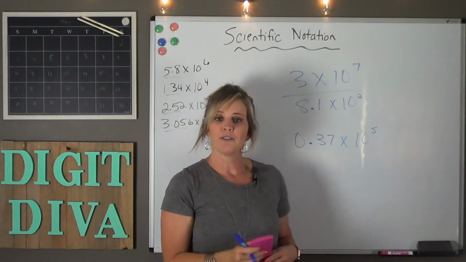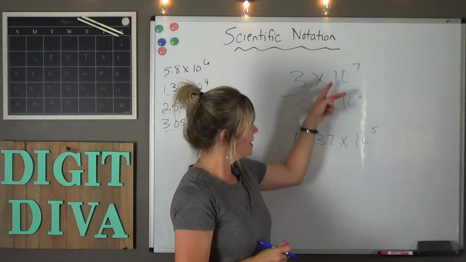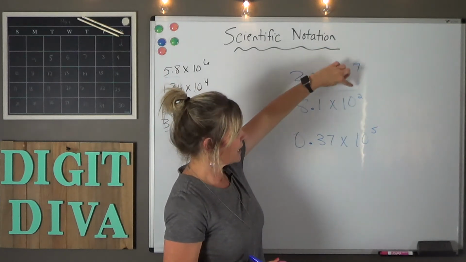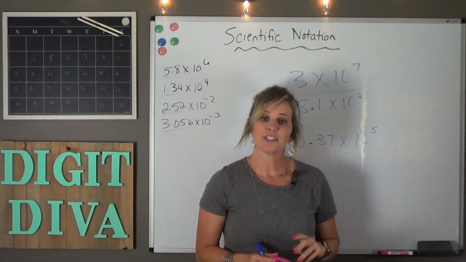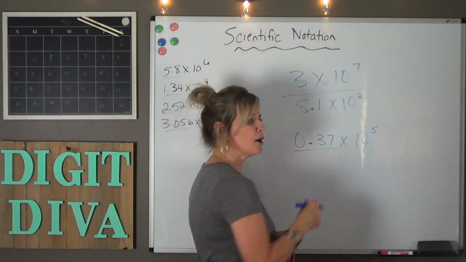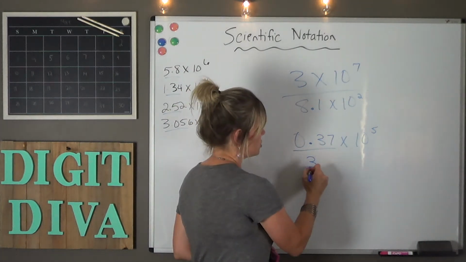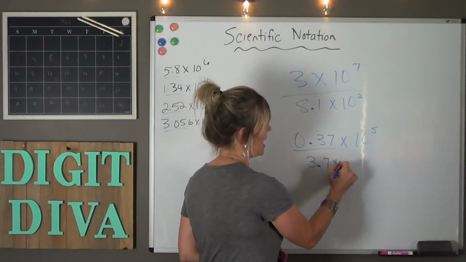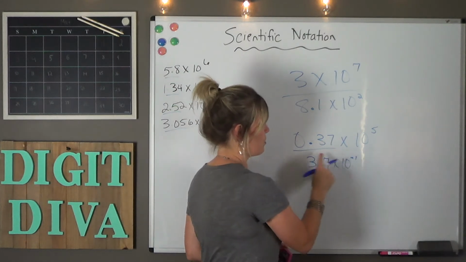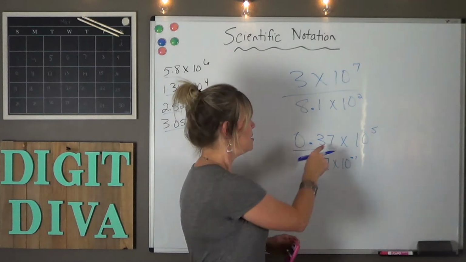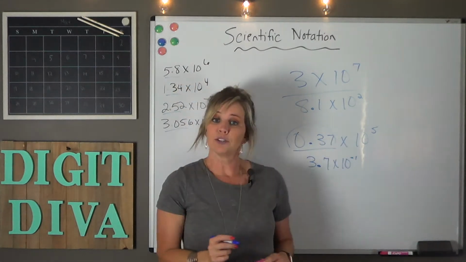What do you do whenever you are dividing powers with the same base? You keep the base, subtract the exponents. 7 minus 2 is 5. Check your number. Is it a number between 1 and 10? No, it's not. I would have to change it to 3.7 times 10 to the negative 1. Why is it negative? Because this number is less than 1.